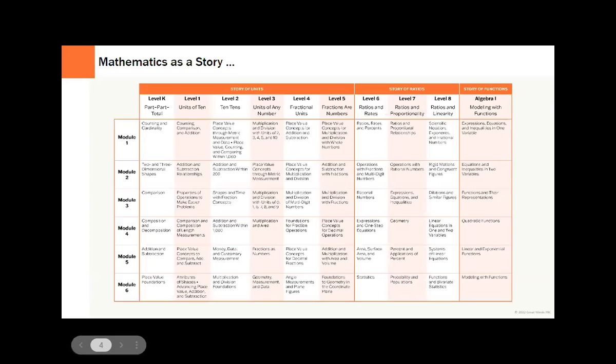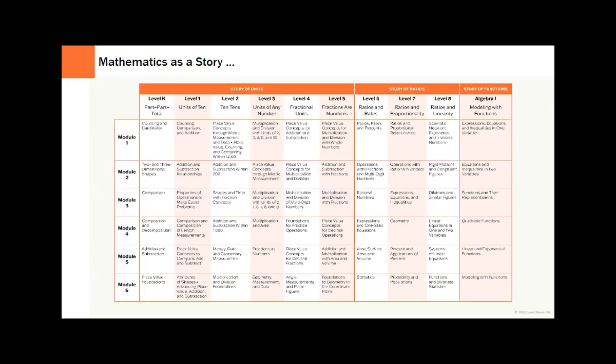So here you'll see it's a little bit small, but you can see how each grade level is broken up. For K through 5, which for us also includes pre-K, just for that notation while it's not in this chart, it includes the story of units.